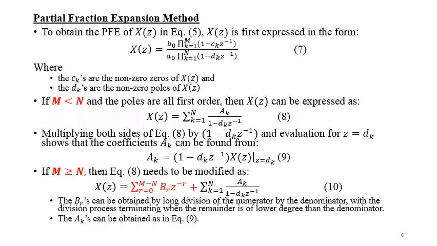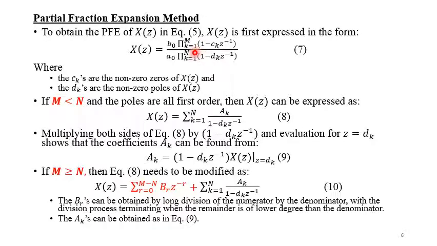To obtain these simpler terms, we use partial fraction expansions. To obtain a partial fraction expansion of X of z, we first express X of z in the product form, such as this one.